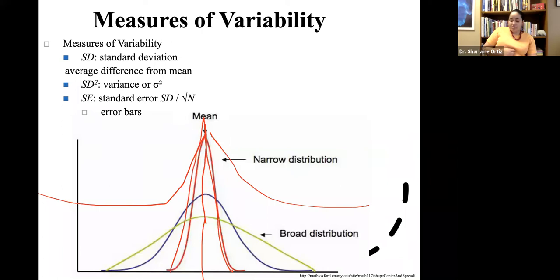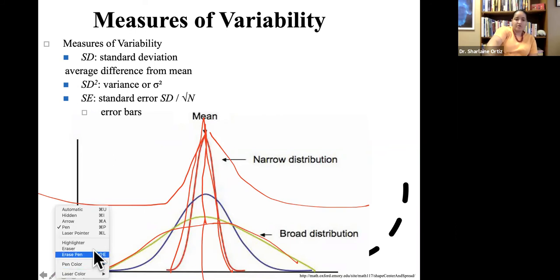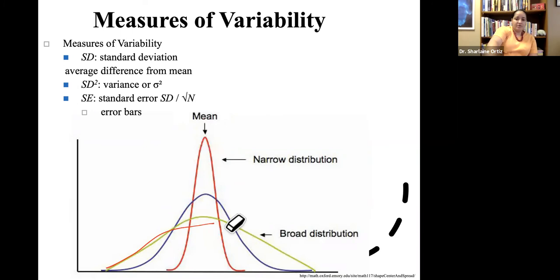Now, a narrow distribution such as the red one is better than the broad distribution, for example this green one here, for distinguishing groups. Notice that everything here fell within the mean, so there's not a lot of difference between them, whereas in this green line there is a lot of difference between them.